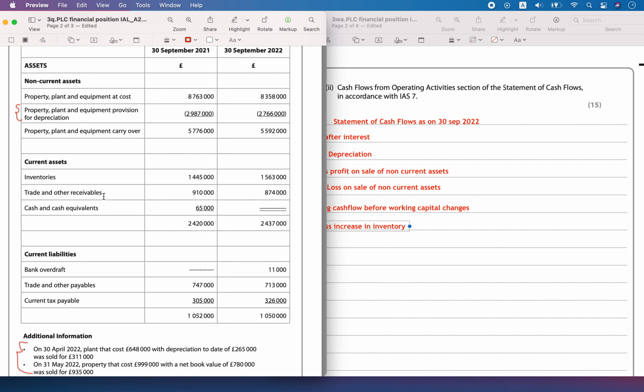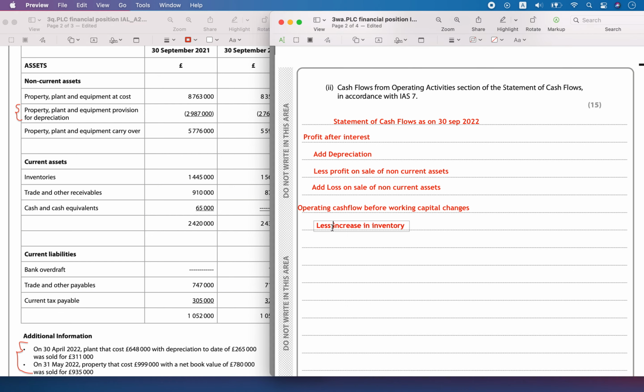These two act in inverse correlation. Then trade receivables: what happens to the trade receivables? Here I can see that there is a decrease. Any decrease in trade receivables I will have to add back.